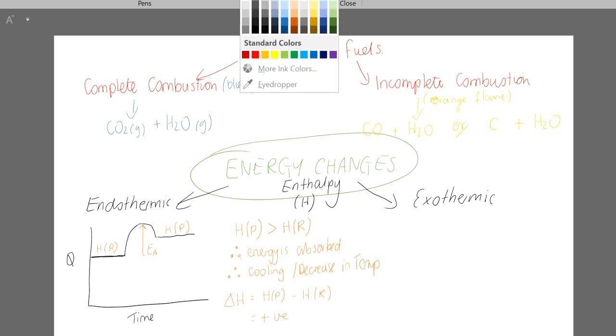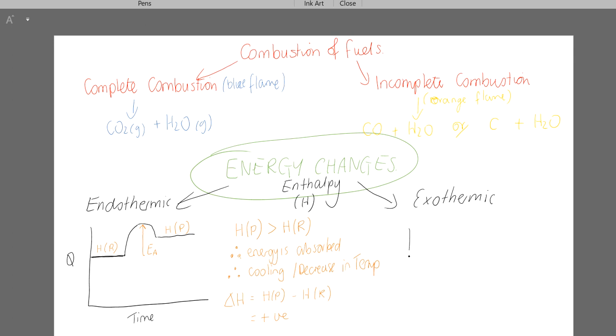Okay, so let's take all those same concepts and look at energy over time. We'll have a particular amount of energy of our reactants. We'll have a certain amount of energy to break the intramolecular forces.